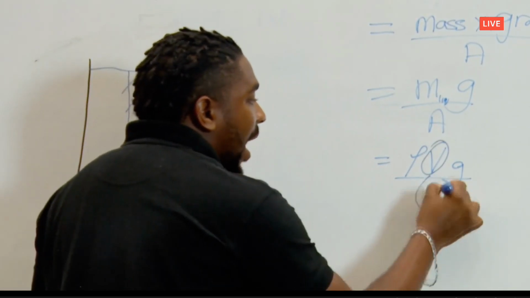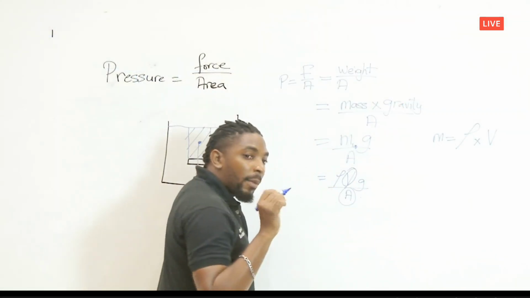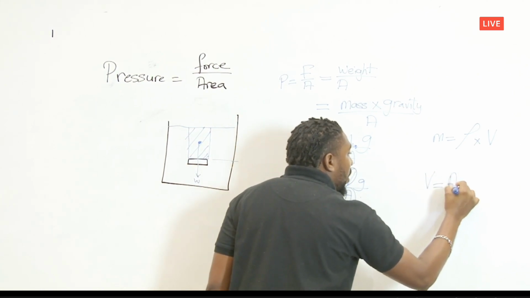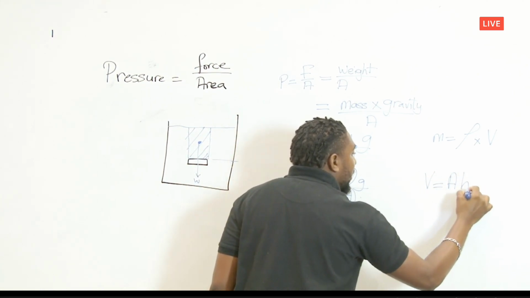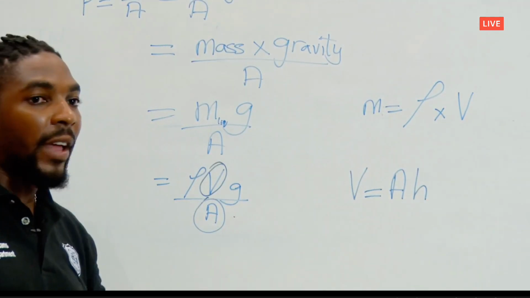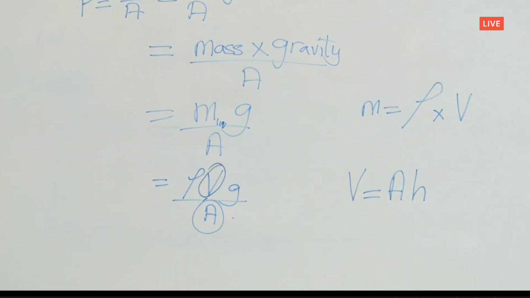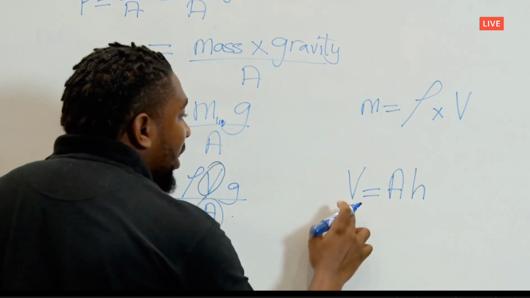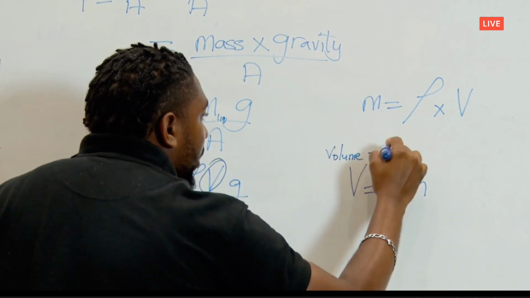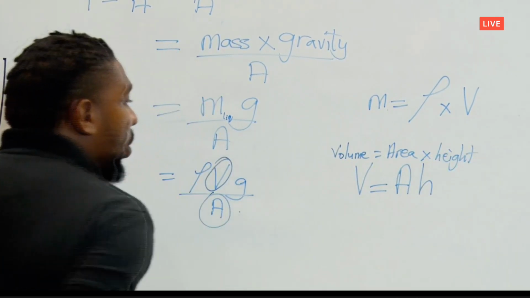But this volume and the area are actually related, where a general formula for volume is actually the area of an object multiplied by a height. This is in every formula that you can find where you want to find the volume of a shape. Good? So volume is actually equal to area by height.